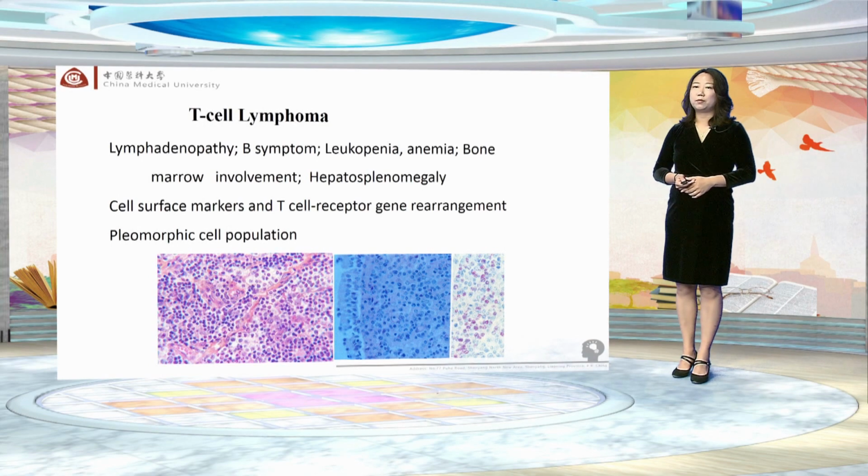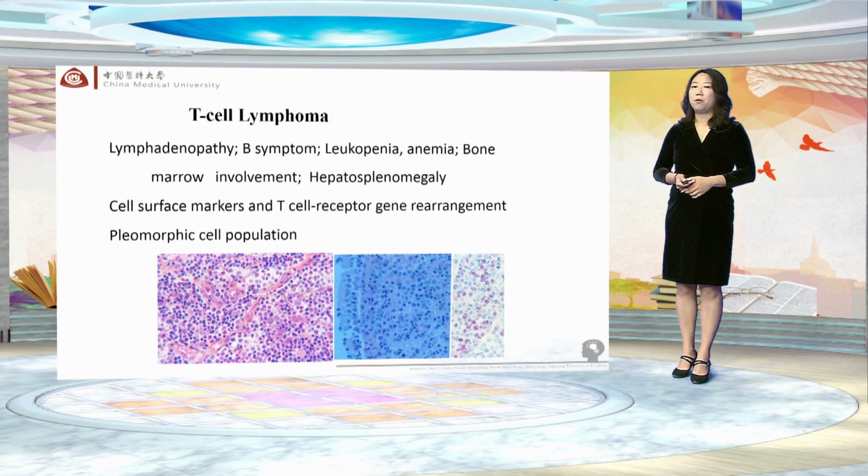Clinical clues to the presence of a T cell malignancy include lymphadenopathy, constitutional symptoms, leukopenia or aplastic anemia, disseminated disease with bone marrow involvement, hepatosplenomegaly, and lung and skin involvement. The ultimate diagnosis of a T cell lymphoma requires study of cell surface markers and T cell receptor gene rearrangement.